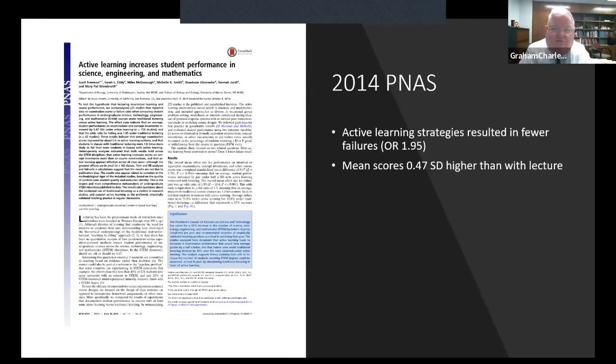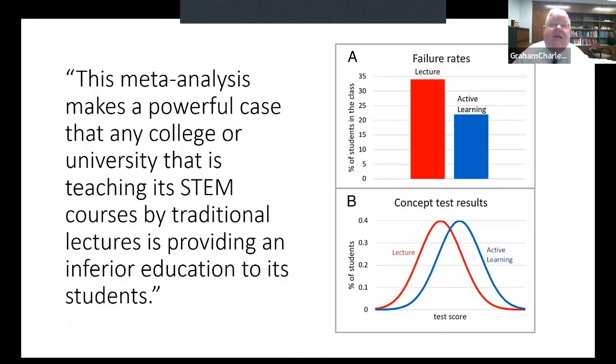I mean, it's a dramatic effect. And mean scores were half a standard deviation higher with active learning. It really is dramatically better to use these techniques over traditional lecture.